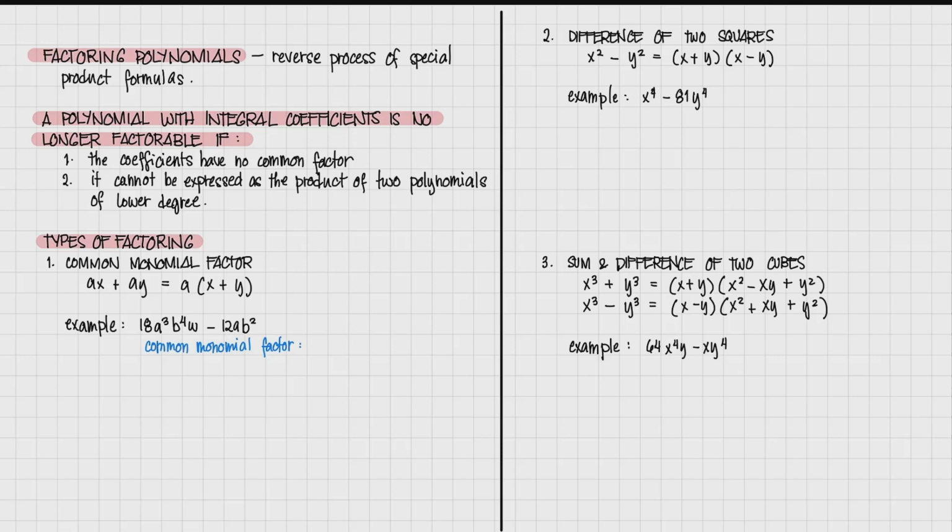We can get the common monomial factor by getting the common factors of the different variables. From 18 and 12, the common factor is 6. Then from a raised to 3 and a, the common factor is a.